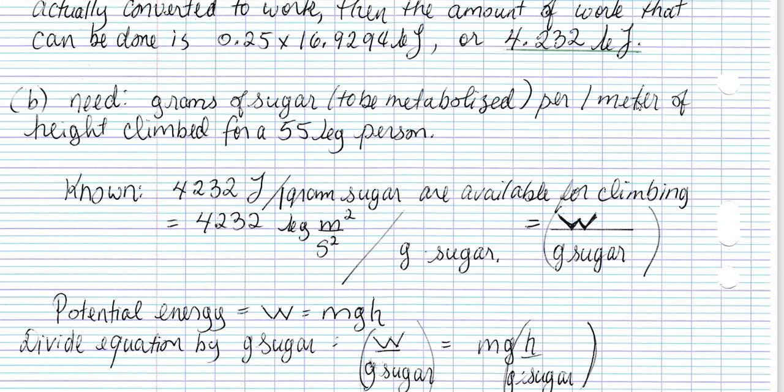What is known from part A is that 4,232 joules are available to do work per gram of sugar that's metabolized. Okay, now 1 joule is equal to 1 kilogram meter squared per second squared. So alternately, this quantity here, 4,232 joules per gram of sugar, is a certain amount of work per gram of sugar.